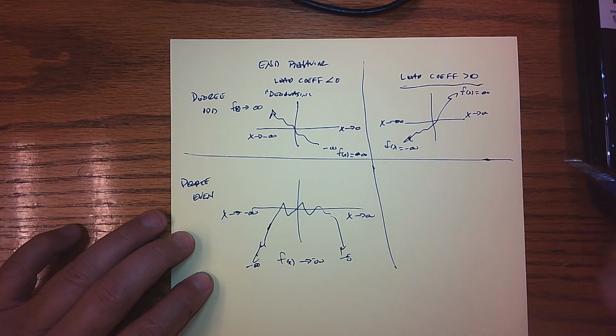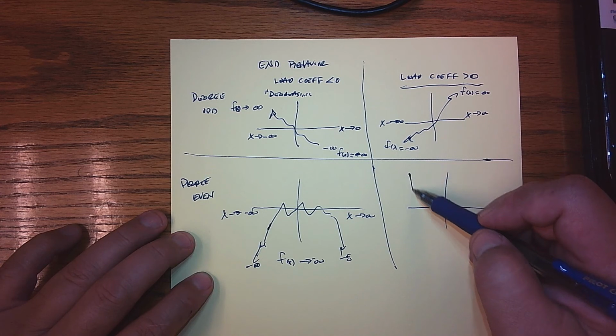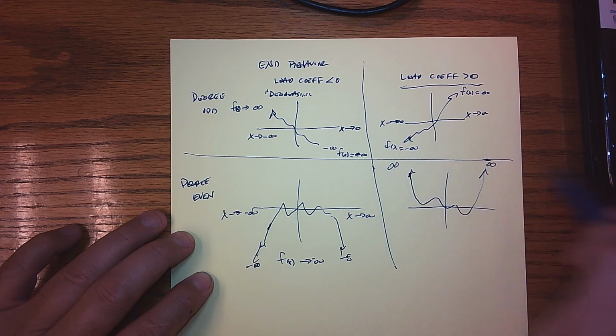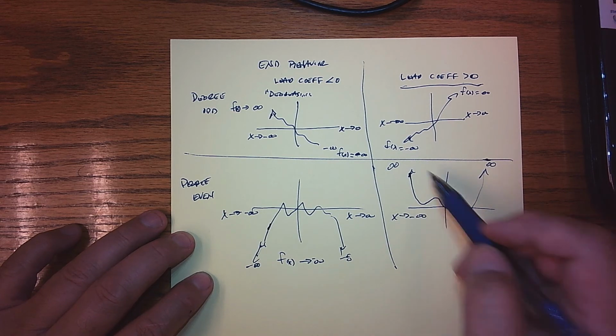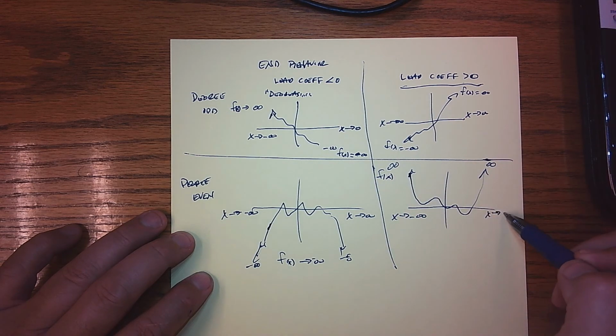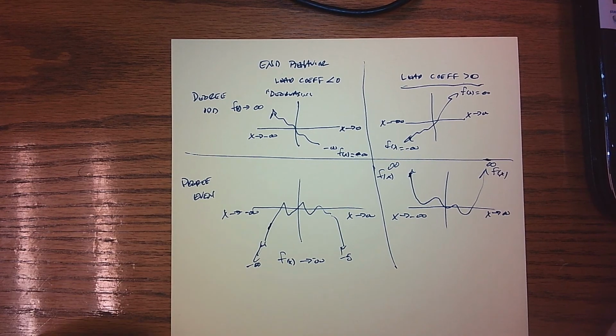If our leading coefficient is positive, then here's my x and my y. The function can do all this crazy stuff, but eventually it's going to positive infinity in both directions. And so as x goes to negative infinity, my function goes to positive infinity. As x goes to positive infinity, my function values go to positive infinity as well.